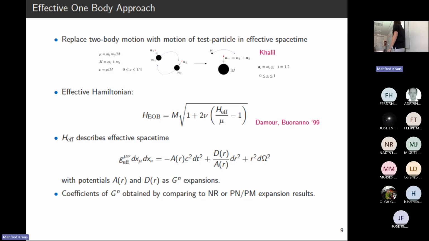You can then describe this situation using a Hamiltonian approach. This effective Hamiltonian essentially describes space-time curvature, but with unknown coefficients. For Schwarzschild, you might know that this becomes like a Schwarzschild solution. But for us in this model, these are three parameters. We can parameterize them by unknown coefficients.